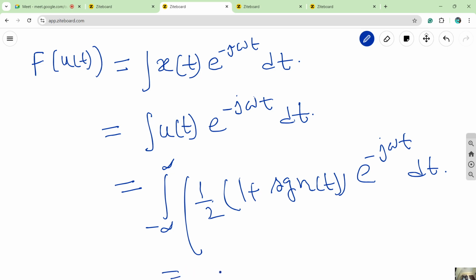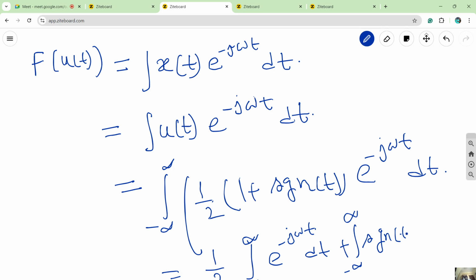So it is actually half integral from minus infinity to infinity of e to the power minus j omega t dt, plus half integral from minus infinity to infinity of signum function into e to the power minus j omega t dt.